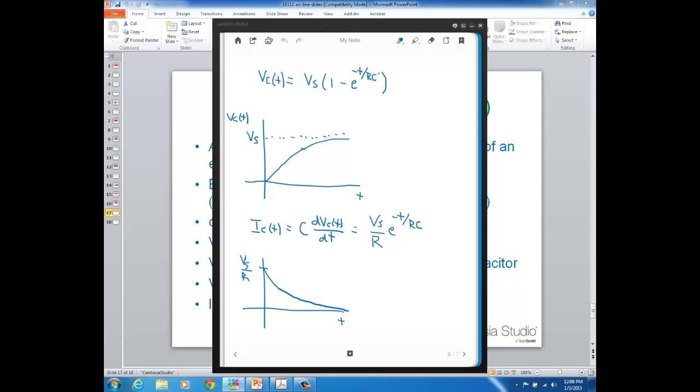So right here, the RC, that's the tau, that's the time constant. Resistance times capacitance has units of seconds.